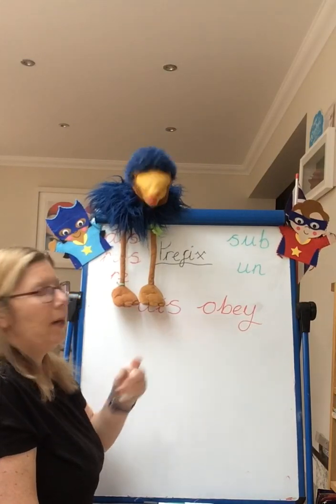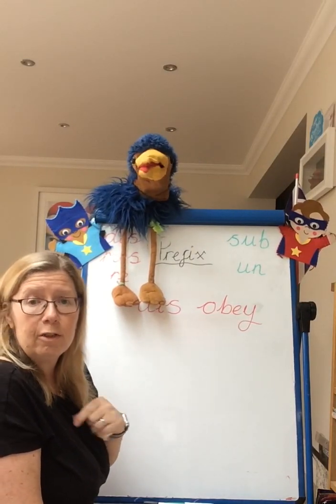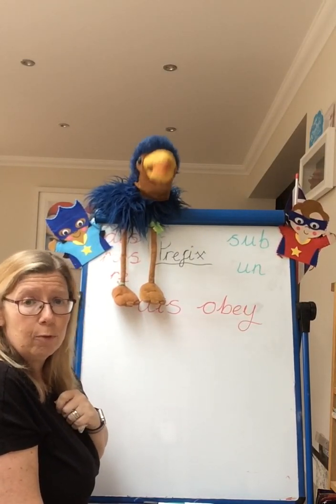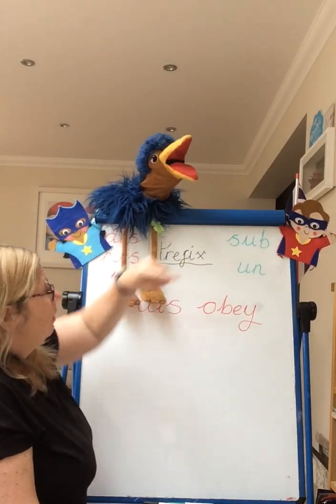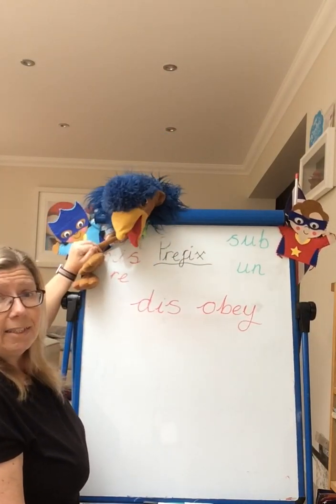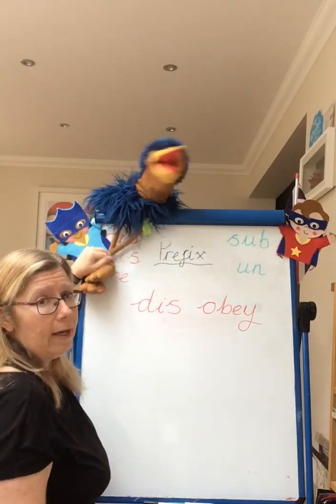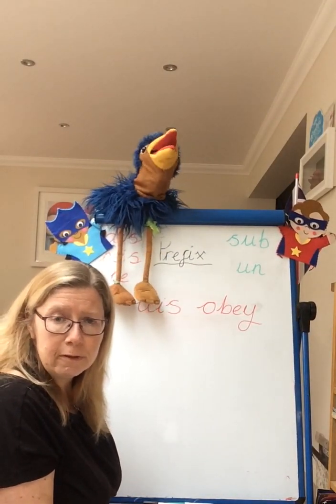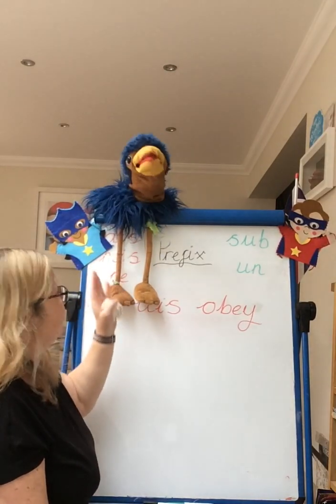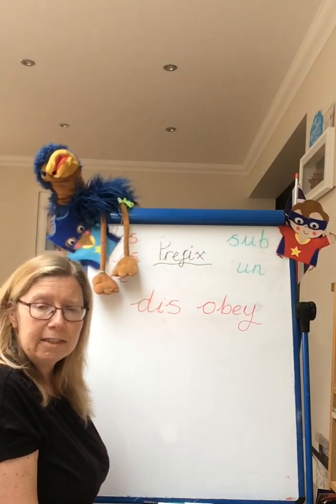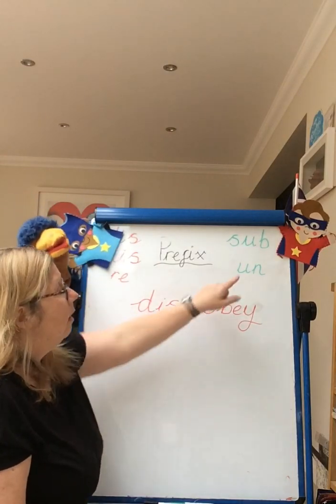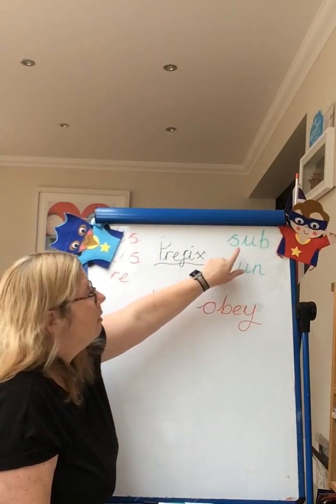Okay, and obey is when you do the things that you've been told to do. You obey the rules. However, Emu likes to disobey. Okay, disobey, not following the rules. Okay, so dis and miss are negative things, not doing the right thing. Un means not.